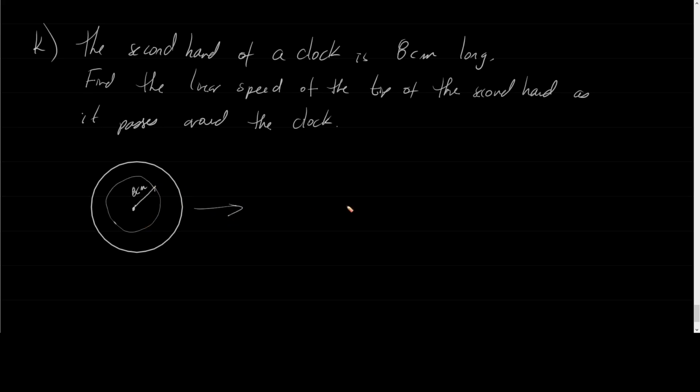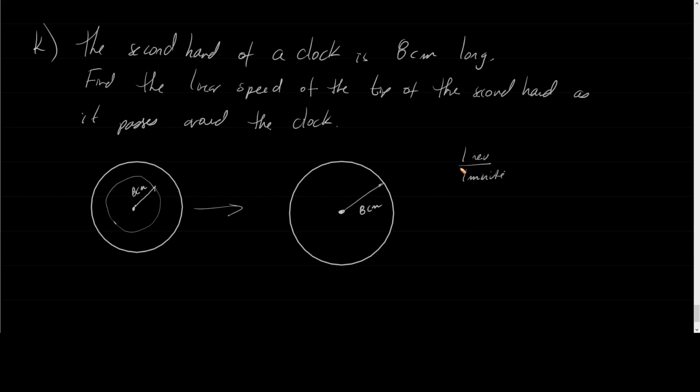So essentially, that hand itself just creates its own circle of radius 8. Now, the question is, how fast is this moving? Well, we know that one revolution would take 1 whole minute. So it's 1 revolution per 1 minute. That's how fast it's moving.